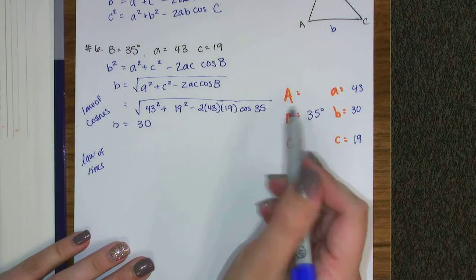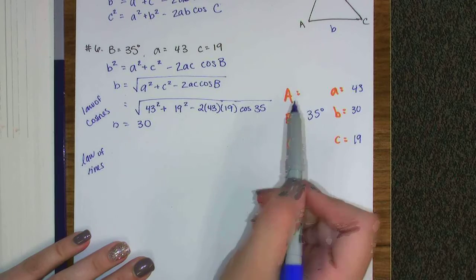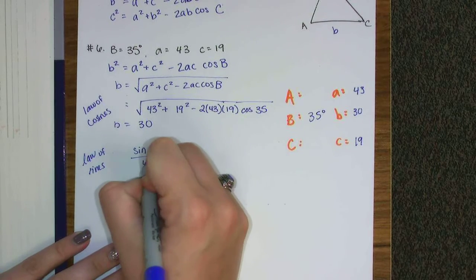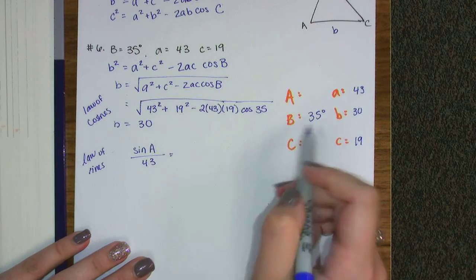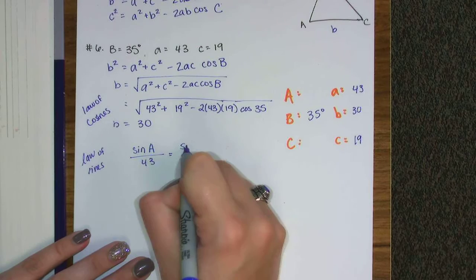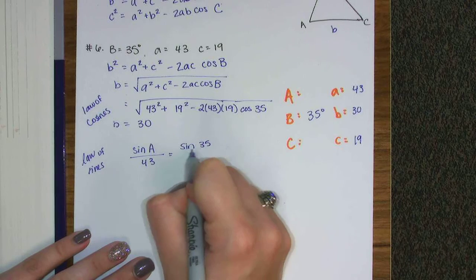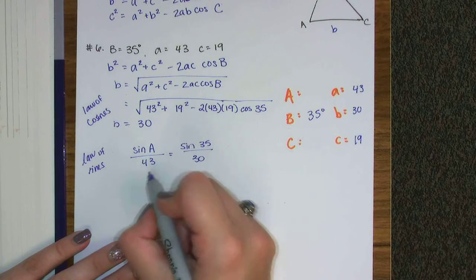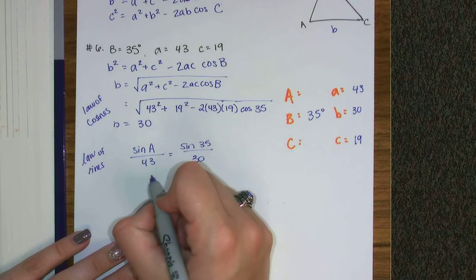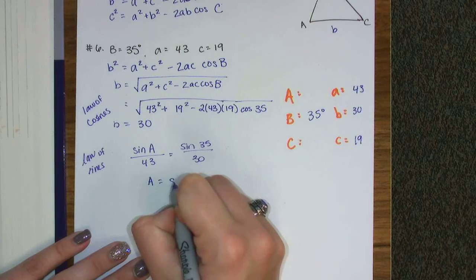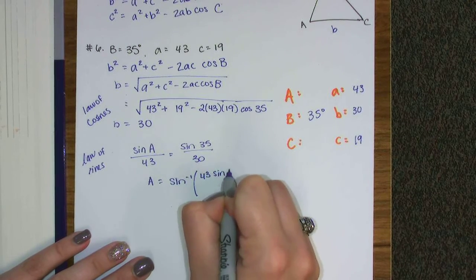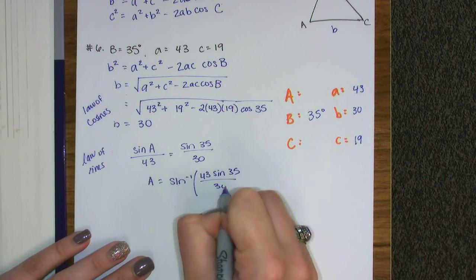Let's say I want to solve for A. So I'm going to do the sine of A over 43 is equal to, well, I have both B values, so sine of 35 over 30. Multiply by 43 and take the arc sine of that. So A is equal to the arc sine of 43 times the sine of 35 all over 30.